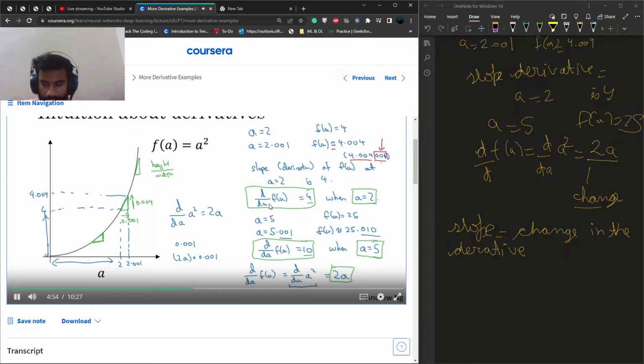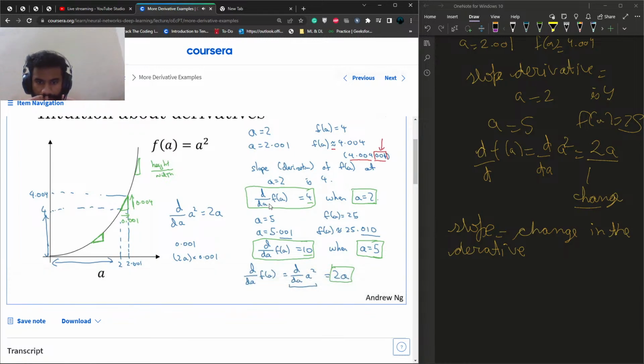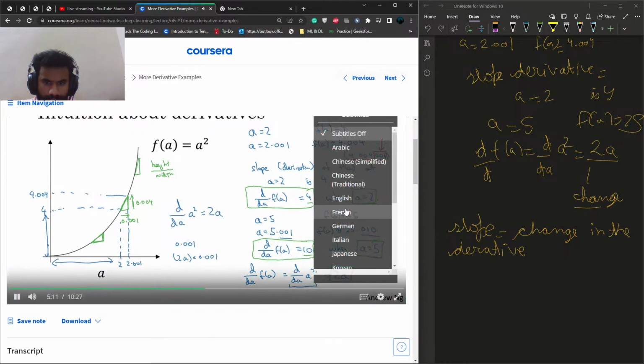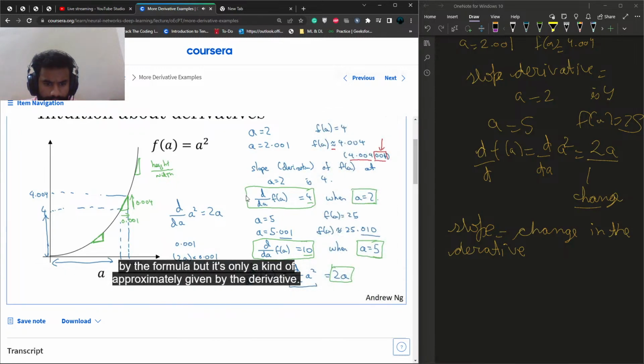The reason it's not exactly 4.004 is because derivatives are defined using infinitesimally small nudges to a, rather than 0.001, which, while small, is not infinitesimally small. So the amount that f of a went up isn't exactly given by the formula, but is only approximately given by the derivative.